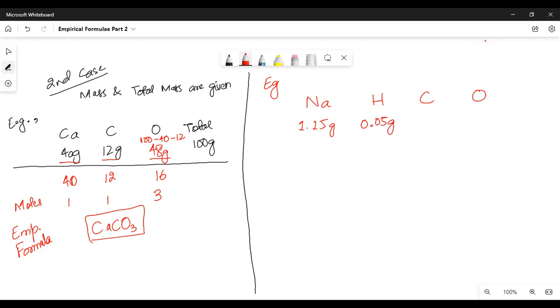That's 0.05 grams for hydrogen. That's 0.6 grams for carbon. And finally, instead of writing for oxygen, I'm going to write the total so that you can solve a second case scenario question. And the total is 2.6 grams.